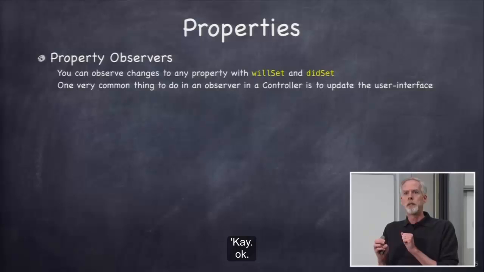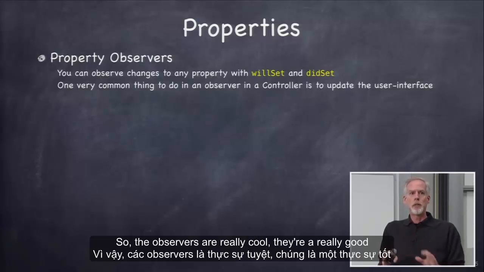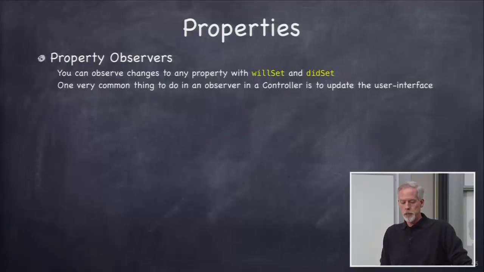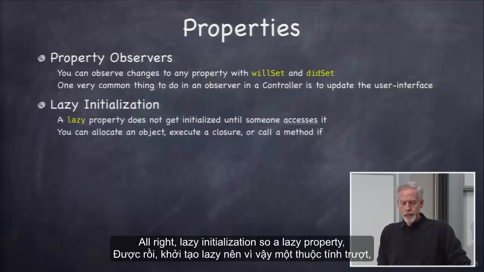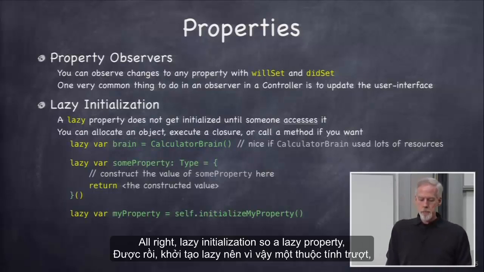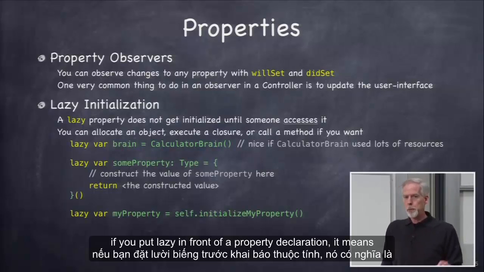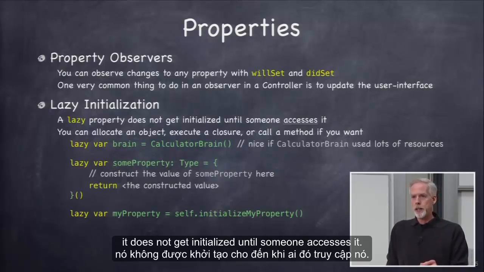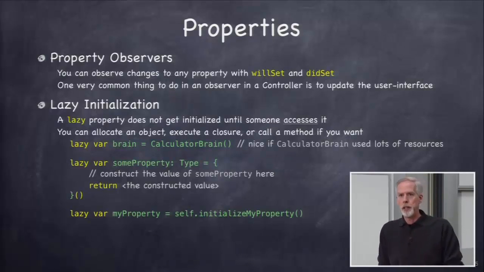Does that make sense? Okay, so the observers are really cool. They're a really good way to keep track of what's going on and keep things in sync. All right, lazy initialization. If you put lazy in front of a property declaration, it means it does not get initialized until someone accesses it.